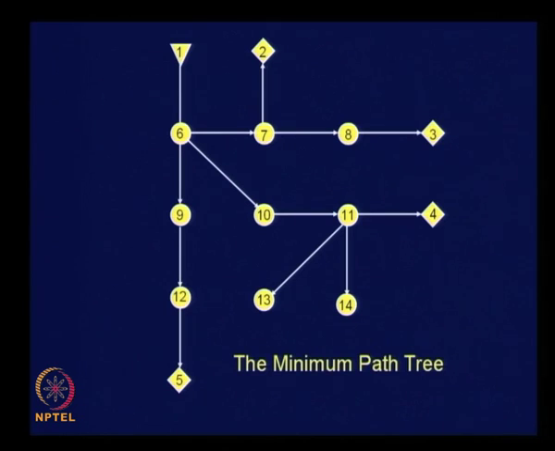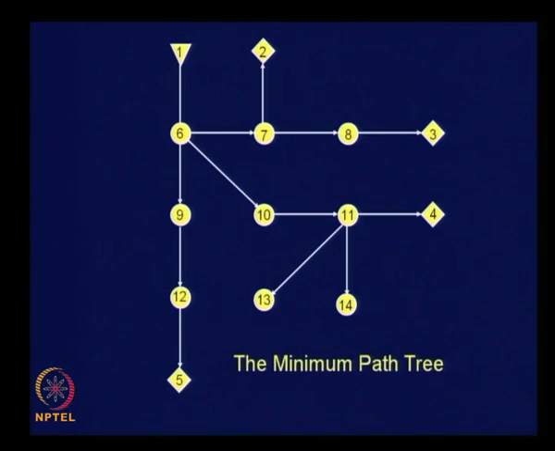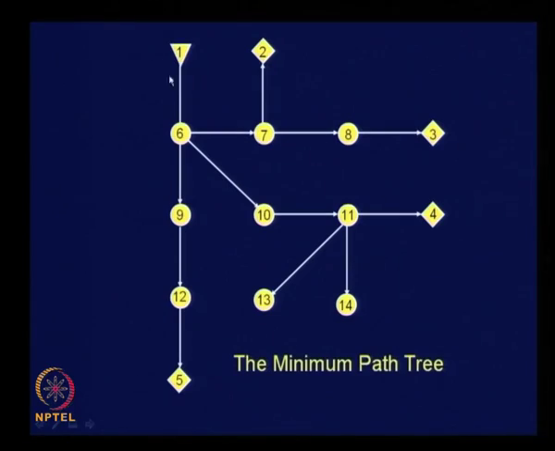How many links are involved here? 13 links are involved, and the original network has how many links, including the dummy links? Because dummy links are also shown here as minimum paths, even though they are not distinctly shown in dotted line, all the dummy links are included except one.